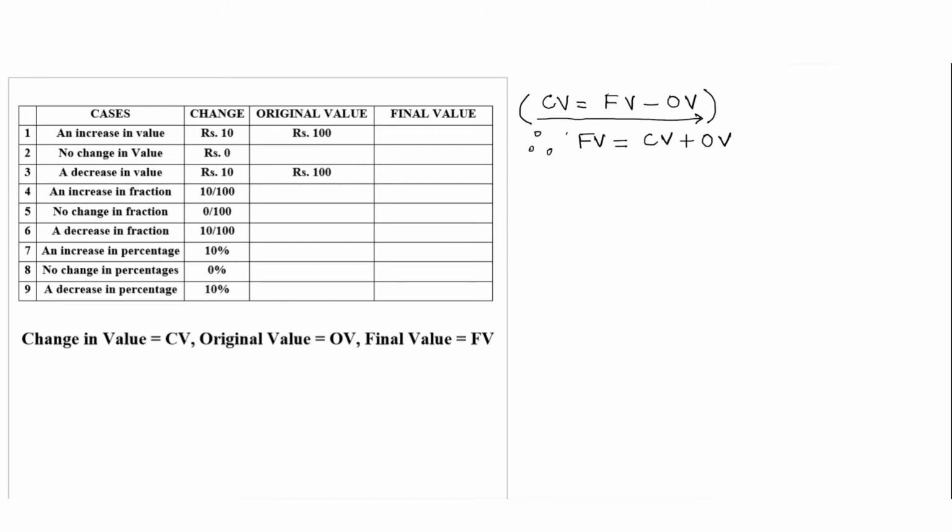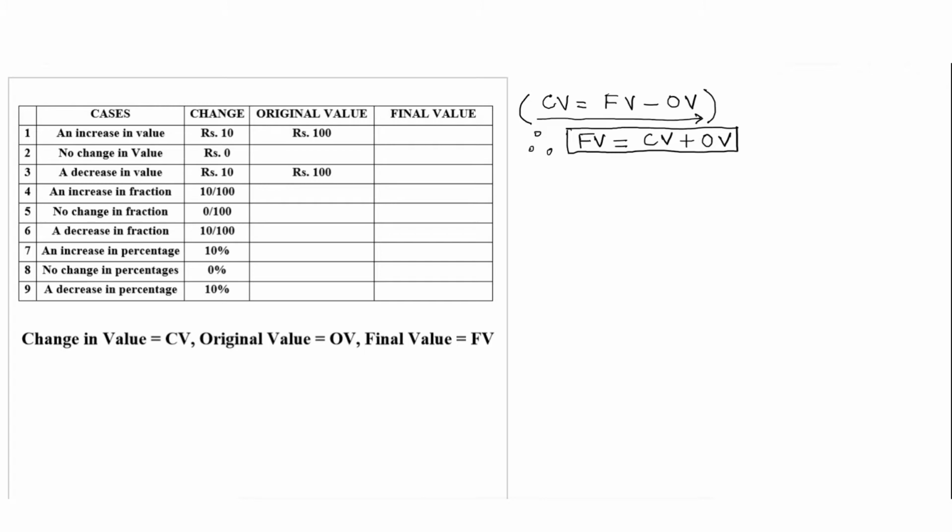Right? So you can make a formula out of this, the one that I have put inside a box. This formula comes out of the basics or the concept that I have discussed in the last few minutes.